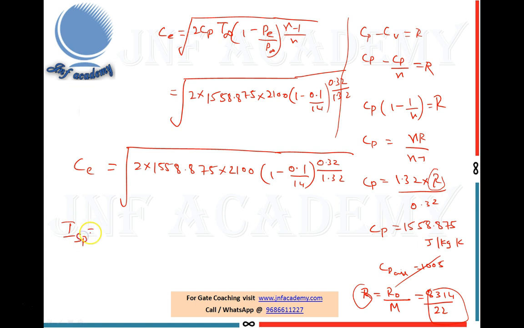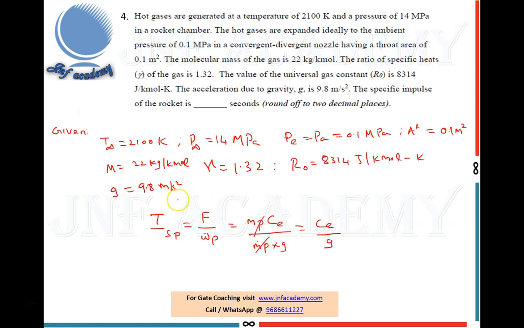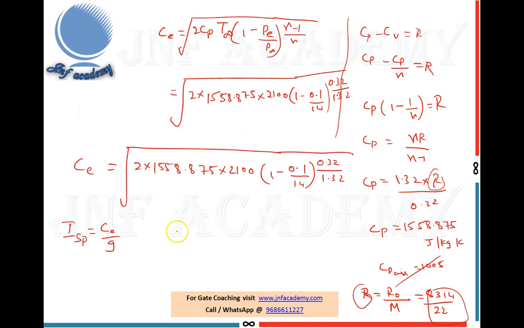ISP is equal to CE divided by G, as we have seen in the formula. Specific impulse is nothing but thrust divided by weight flow rate. If you substitute the value of thrust and weight flow rate, you will get CE by G. The G value is also given, which is 9.81. So specific impulse is CE divided by G. This entire equation divided by 9.81 will give you the ISP.